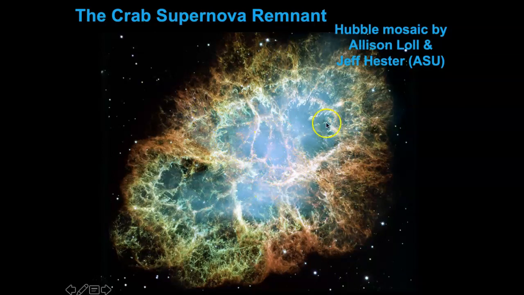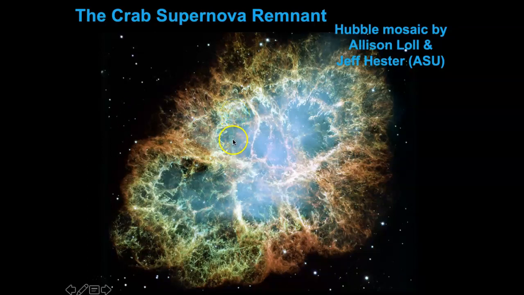This gas is basically shrapnel that got blown out of the supernova by the punch of those neutrinos, and they are still expanding today. If you look at pictures of the Crab Nebula over the last 50 years, it's gotten a little bit bigger, because this gas is still expanding, and it'll eventually blow away from the neutron star at the core.